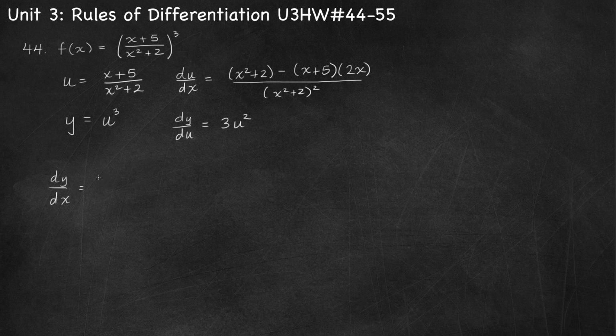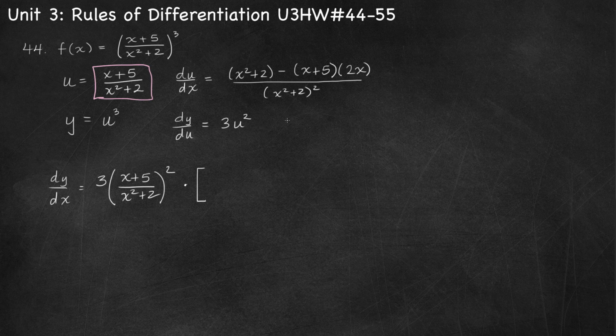So it's going to be 3 times u squared, and my u is equal to x plus 5 over x squared plus 2. So we're going to replace the u with x plus 5 over x squared plus 2. So it's 3 times u squared times the derivative of our inside function.